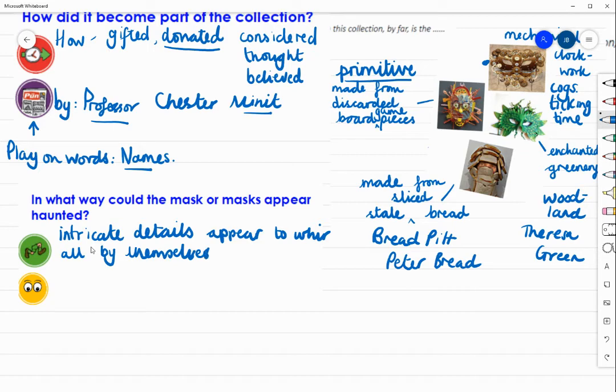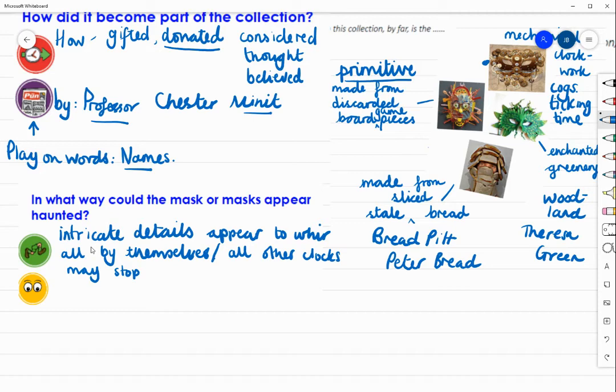I can already imagine the ideas that you're coming up with. So that's one way they could be haunted. Maybe other clocks. I'm just going to put a little slash there because I'm going to add another one. All the other clocks may stop or stopped. May stop. That's another way they could be haunted. So there's two choices there for how my mask could be haunted.